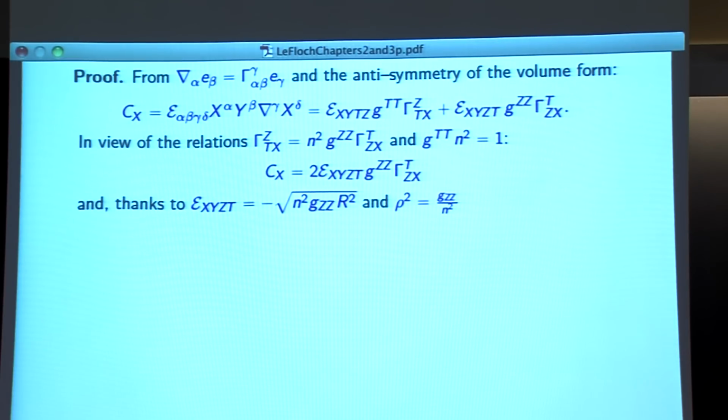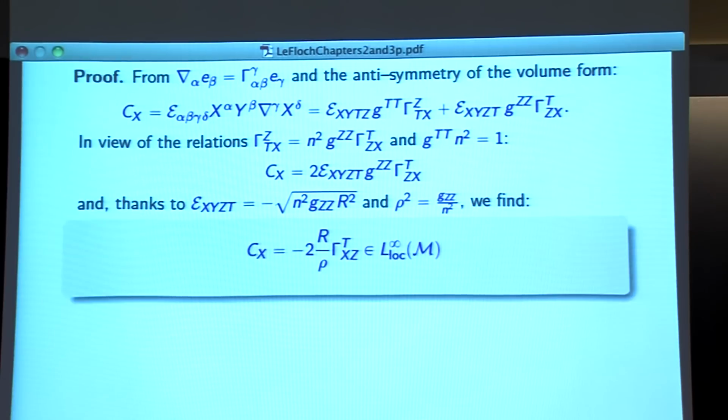This is a definition that I already gave before. And so in the end, that's what you get. Okay? So this, what will be the twist constant, is actually a Christoffel symbol multiplied by the area over this conformal coefficient. So it's a very neat formula.